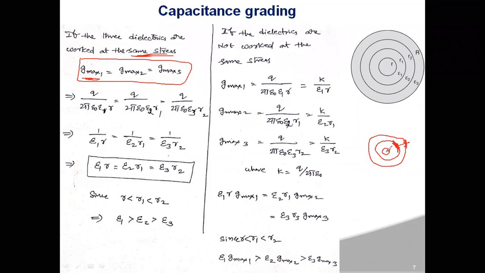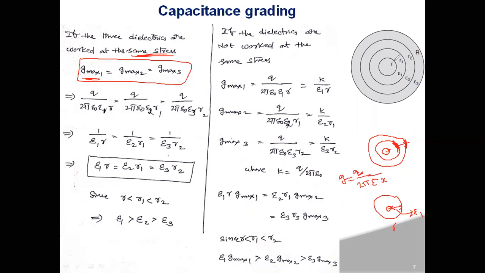So here if you take the first layer only, your conductor has a radius of r, and this insulation has permittivity epsilon 1. Okay, so according to our general formula, G is equal to Q by 2 pi epsilon into x. So this is the potential gradient general formula.